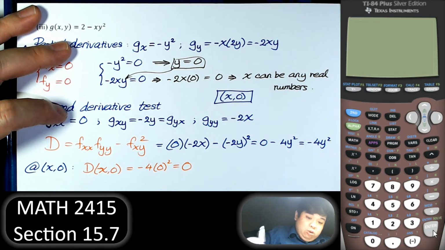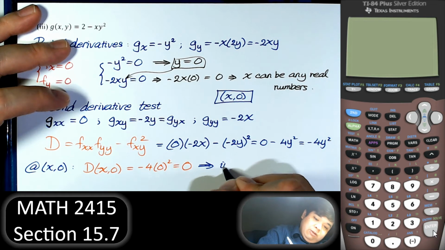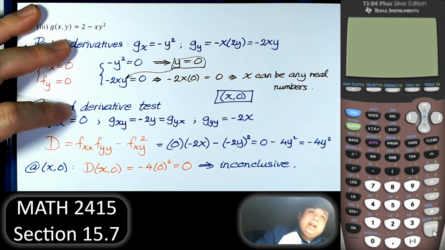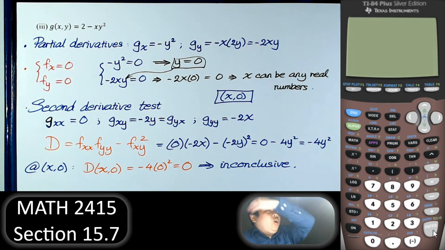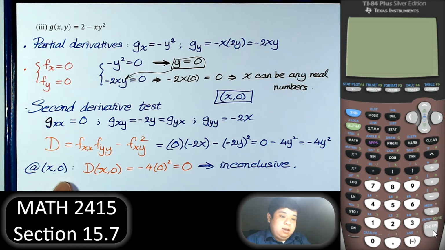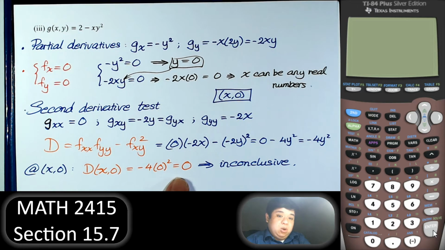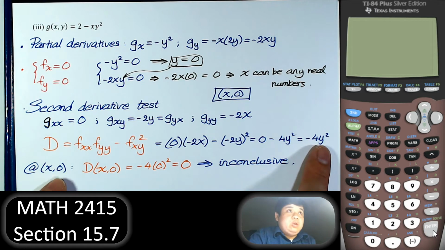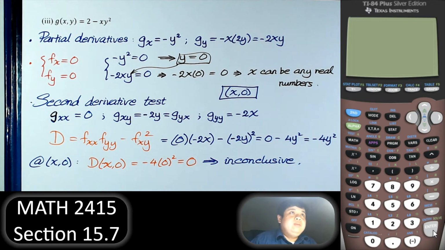Now if it is equal to 0, it is inconclusive. We just have to show one example that is inconclusive, and this one has it. Even though we have an indefinite number of points, it is equal to 0 regardless, because we only substitute in for y, and y equals 0. So that's all we have.